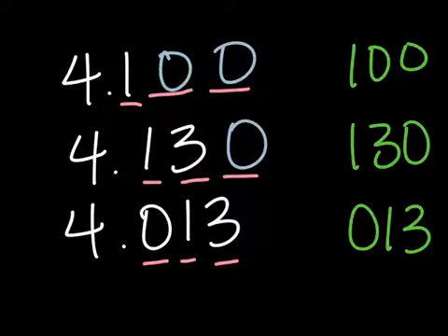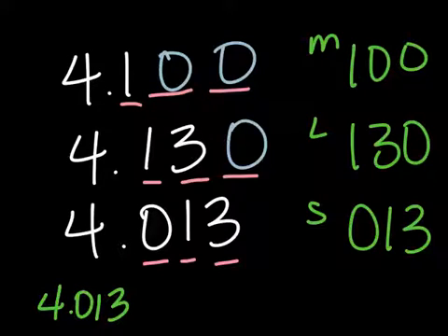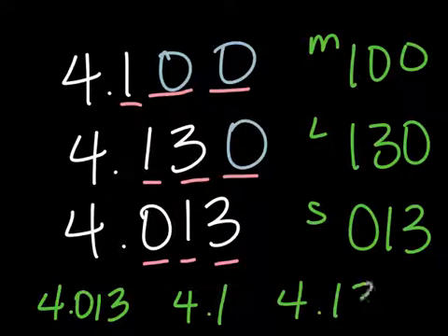So if I was to put those in order from smallest to largest, this would be the smallest, this would be in the middle, and this would be the largest. So my smallest would be 4.013, next largest would be 4.1, and finally my largest number would be 4.13.